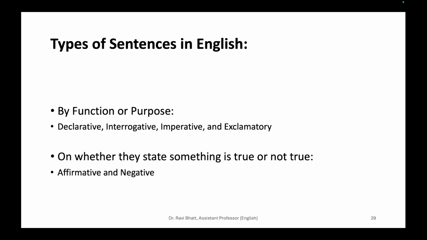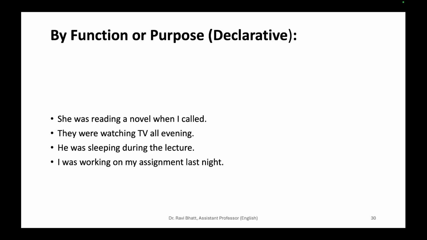Now, again, for these types of sentences, let's see some declarative sentences in past continuous. She was reading a novel when I called. So when I called, she was doing an action. She was in the middle of an action. And what was that action? That action was of reading the novel.